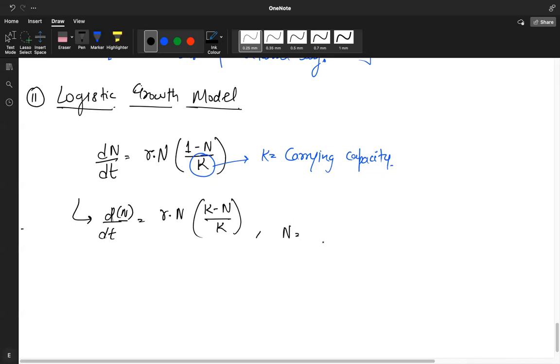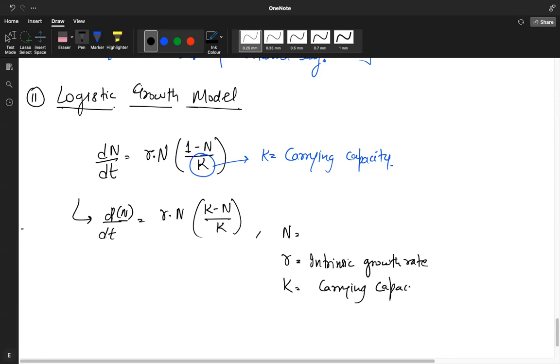You will write population density after time t, and we do not need an N naught here. r is equal to the intrinsic growth rate, or intrinsic rate of natural increase, and K, as I already told you, is carrying capacity.